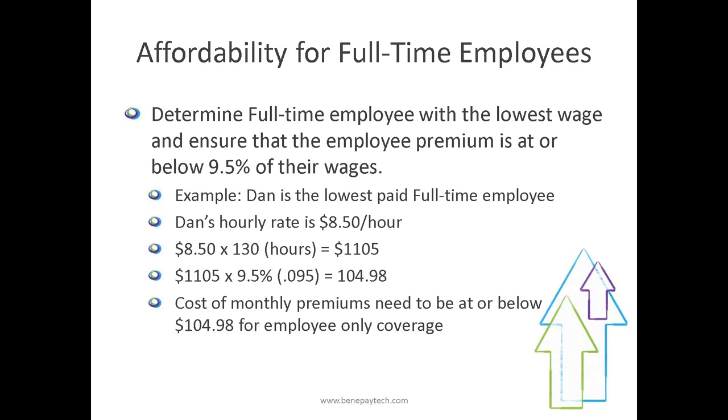The reason we take the lowest paid full-time employee is if your premium meets the affordability test for the lowest paid employee, then it obviously meets that same test for every employee that is paid more than that. So this is kind of the safe harbor method of determining whether or not your plan is affordable for the employees.